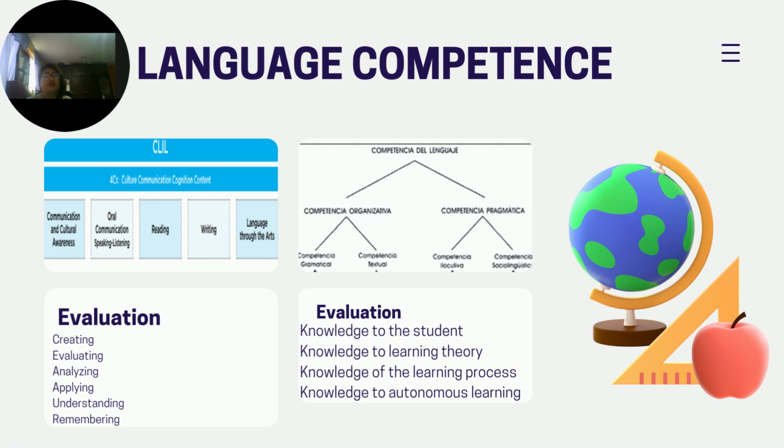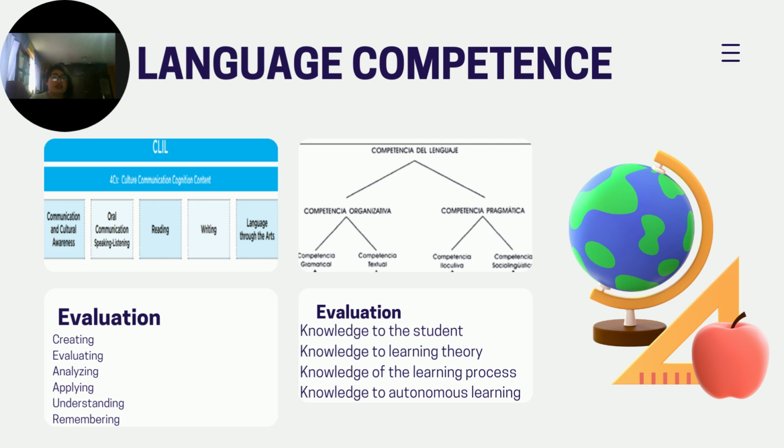And on the other hand, in the Colombian curriculum, the language competence is the organizational competence, grammatical competence, textual competence, and the pragmatic competence, the sociocultural competence, and psycholinguistic competence.